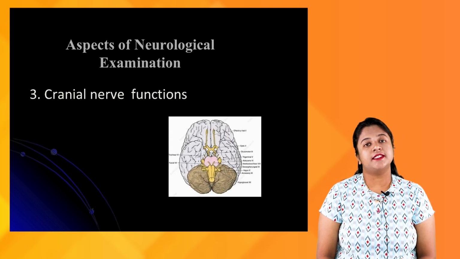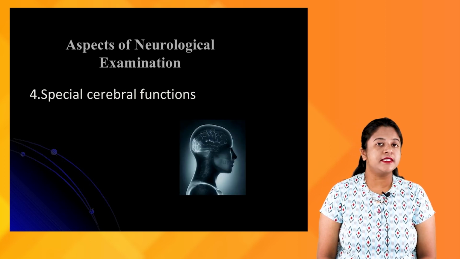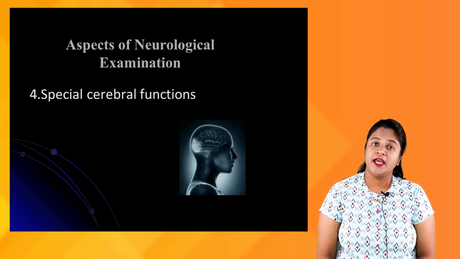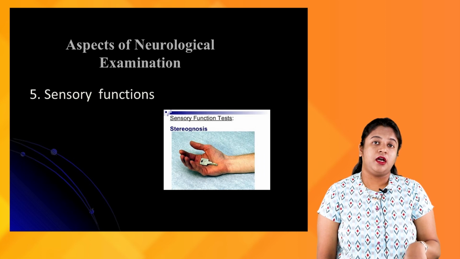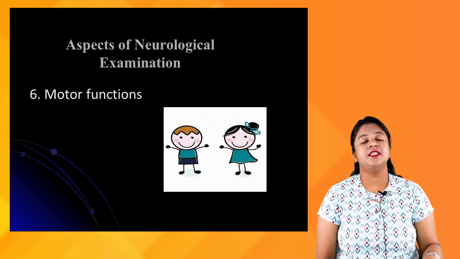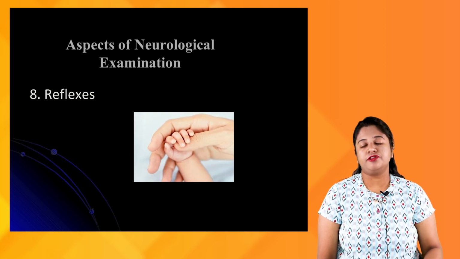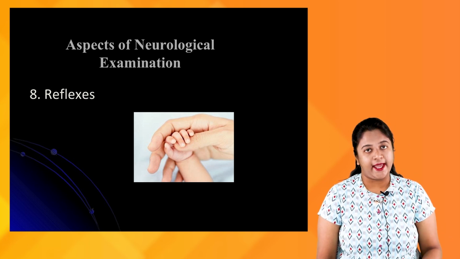The third thing is the assessment of the cranial nerve function. The next is the assessment of the cerebellum, right? Then the sensory function assessment, the motor function assessment, and the reflexes. So these are the aspects that you're going to do in the neurological examination.